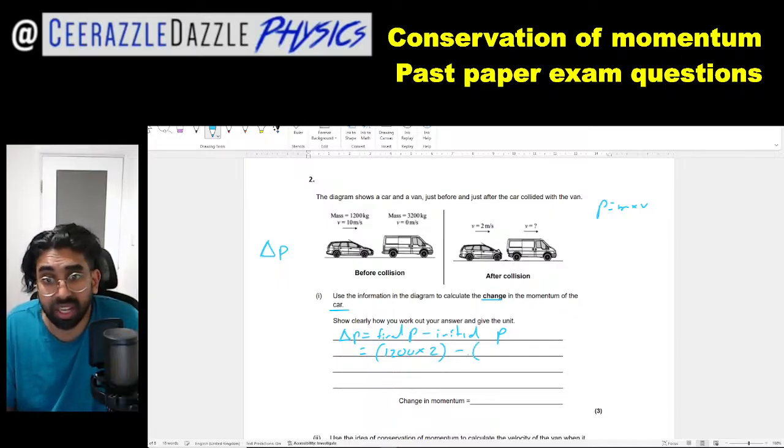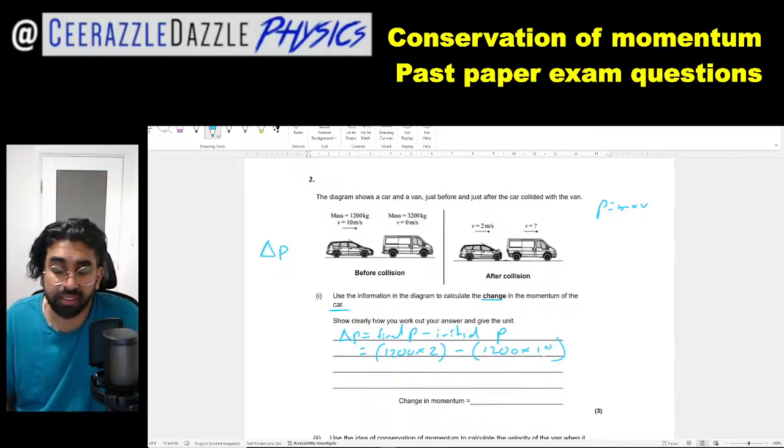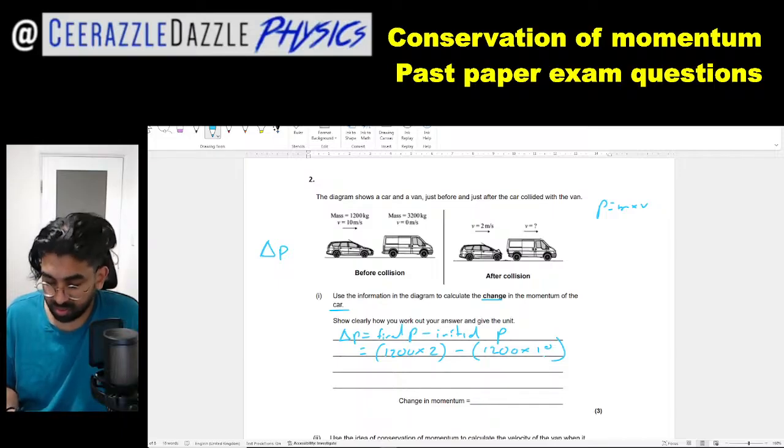What's the mass? 1,200 times the initial velocity, which was 10 over here. Very good. Don't forget it's final minus initial, 1,200 times 2, minus 1,200 times 10.